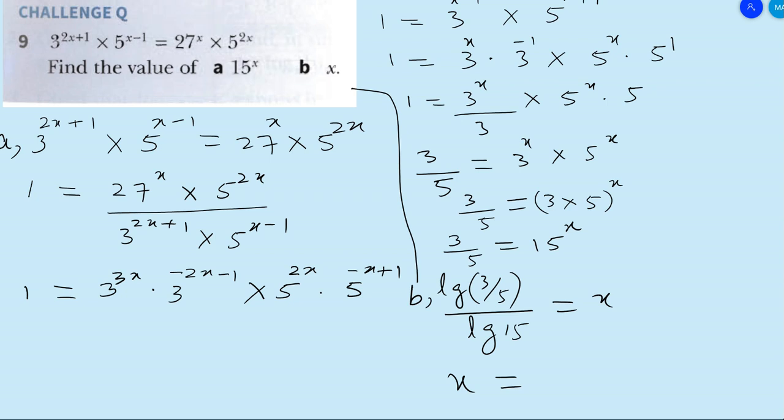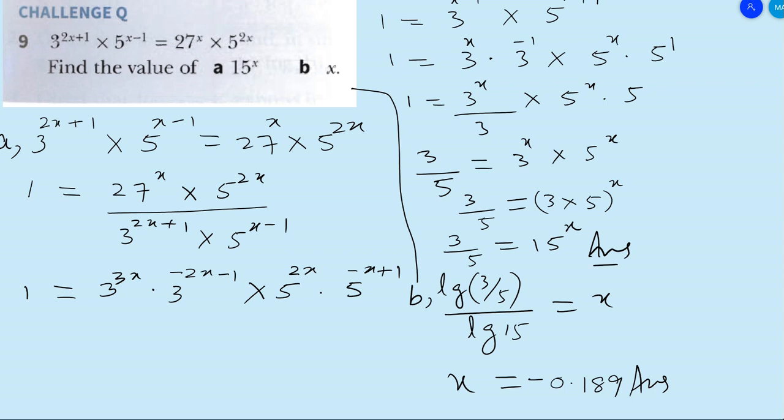Answer is minus 0.189. This is the answer of part B, and this is the answer of part A.